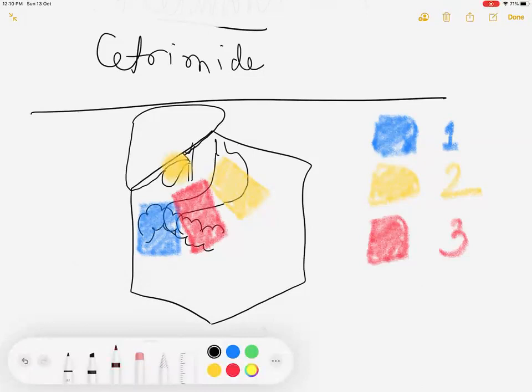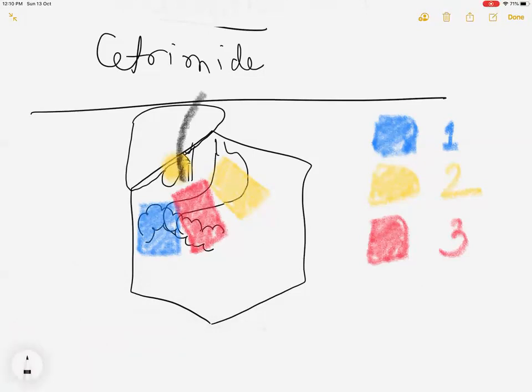Remember that the Deaver's retractor is on this area to be pulled by the right hand of the assistant. If you have not seen the operation, you will not be able to say that.